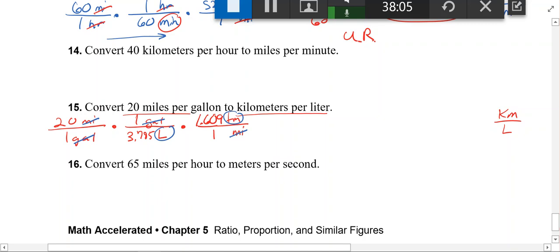So now let's multiply. We have 20 times 1.609, 32.18, and on the bottom we have 3.785, and then we're going to make this into a unit rate. So we divide it.